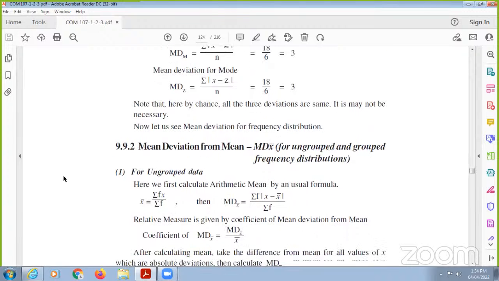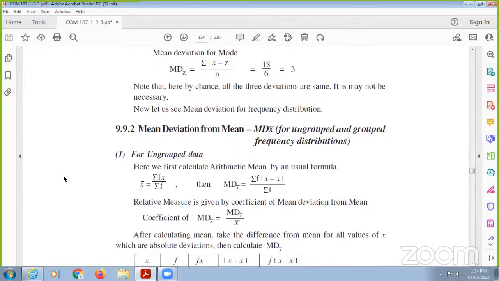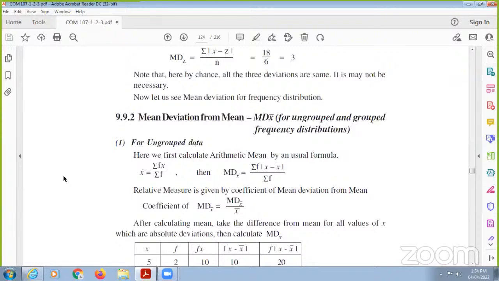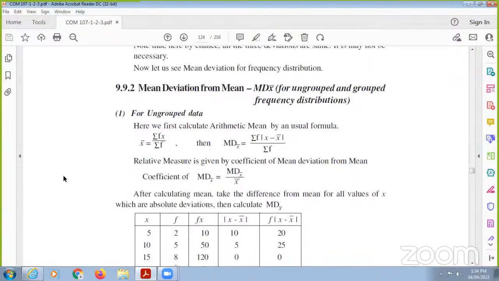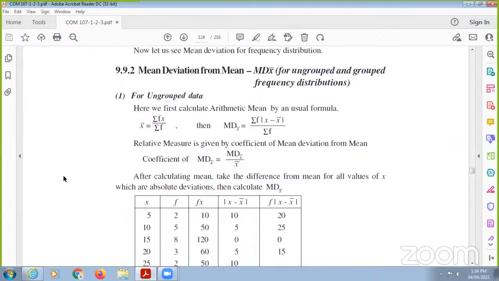Relative measure is given by the coefficient of mean deviation from mean, which is equal to MD x bar upon x bar. After calculating mean, take differences from the mean of all values of x, which are absolute deviations, to calculate mean deviation x bar here.